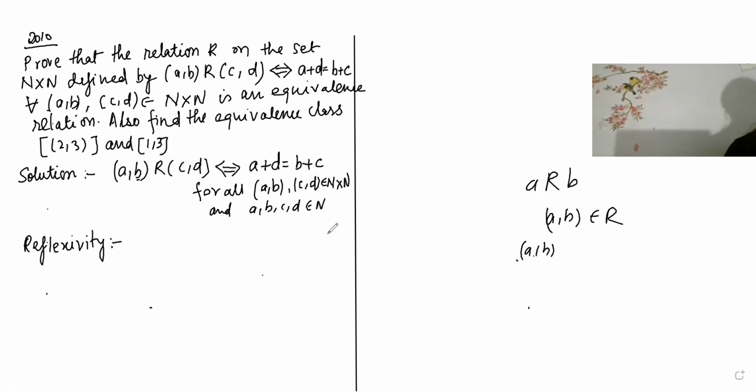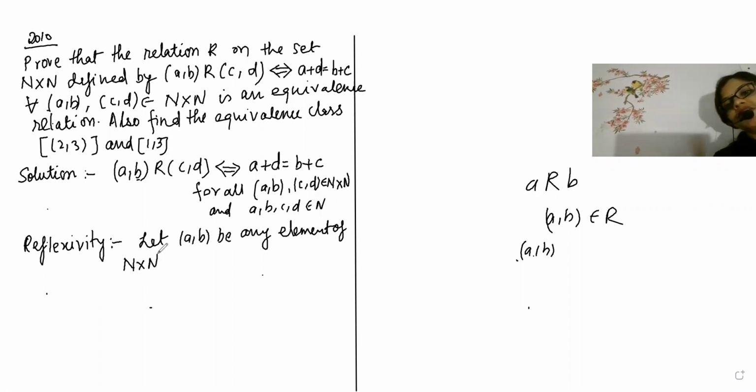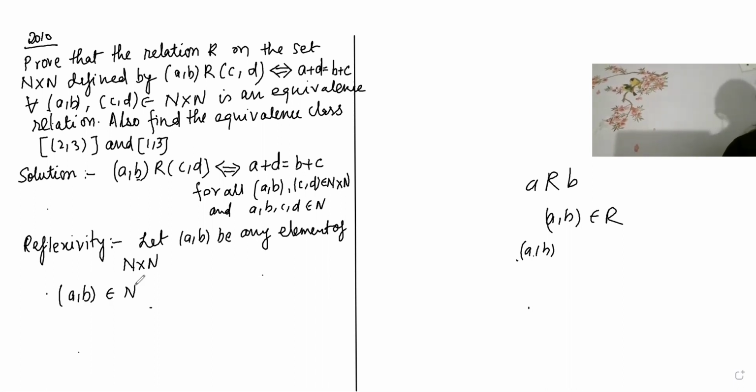For reflexivity, first you take, let (a, b) be any element of N cross N. Like every time we were taking let any a belong to N, but since here the case of an ordered pair is there, you will write that the ordered pair belongs to N cross N. So then we can start with (a, b) belongs to N cross N. For your understanding, I am writing a, b belongs to N.